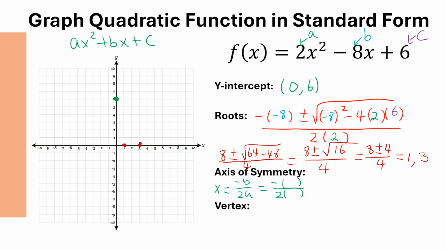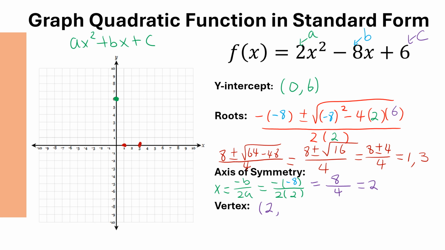So again, my b value is negative 8, and my a value is 2, so now I can simplify this fraction. So we have negative negative 8 is positive 8 over 2 times 2 is 4, and 8 divided by 4 is going to be 2. So we know that the axis of symmetry and the vertex share the same x value. So therefore the x value for the vertex is 2.